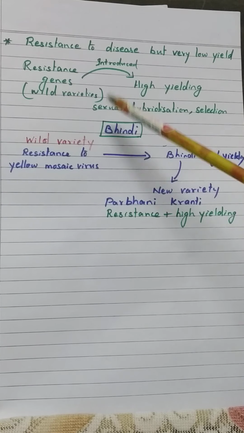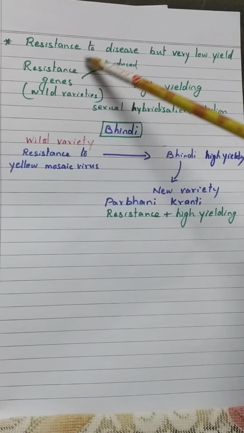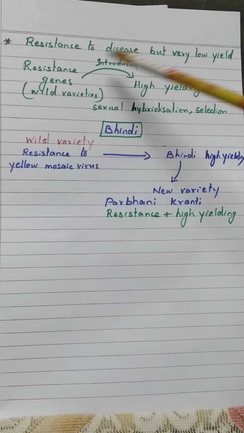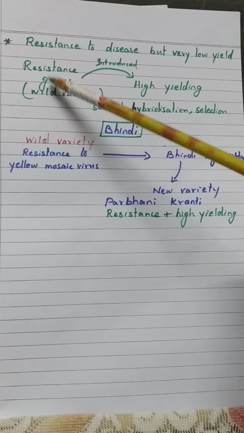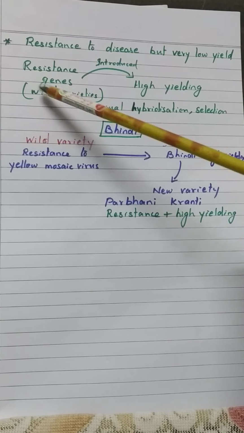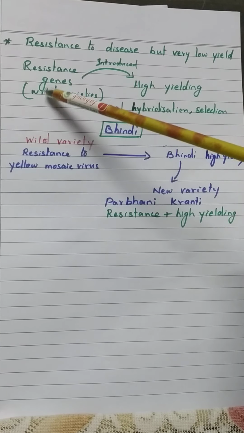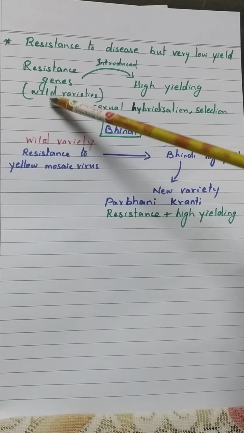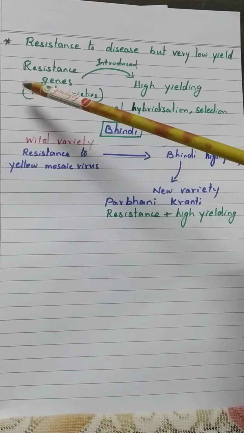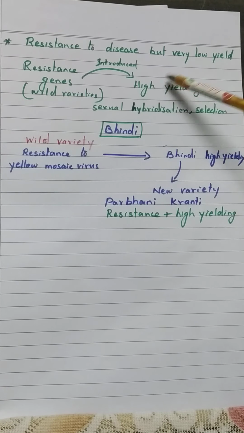We have to transfer the resistant genes to high yielding varieties, because the wild varieties with resistant genes are low yielding plants. So we transfer the genes from wild varieties that are resistant against diseases to the high yielding varieties.